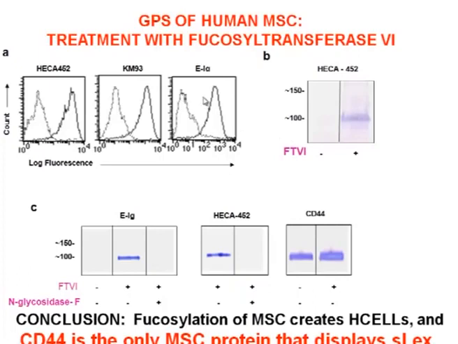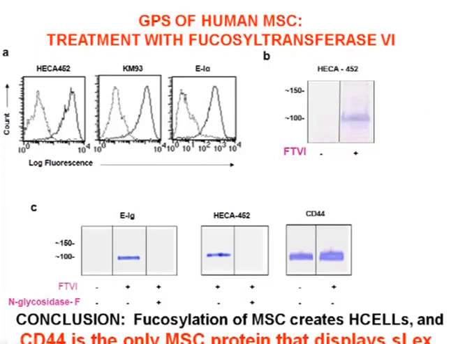Importantly and remarkably, the only scaffold that expressed the HECA 452 reactivity after the GPS treatment was CD44. The only molecule on the surface of the mesenchymal stem cell that displayed the relevant acceptor sequences to have ultimately sialylated Lewis X created by fucosylation was CD44.